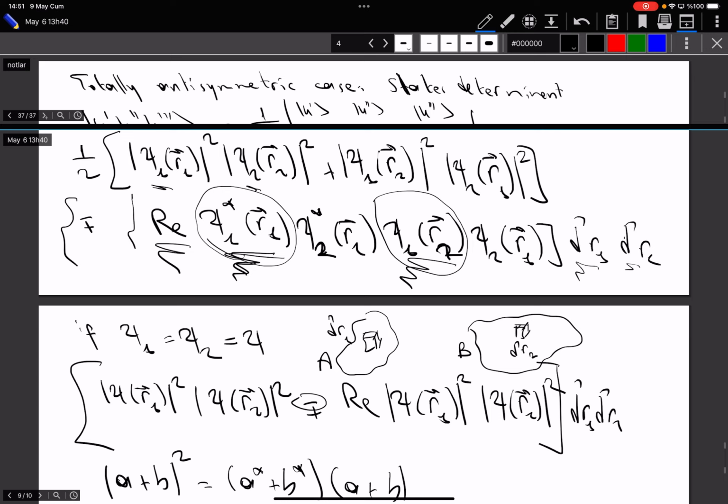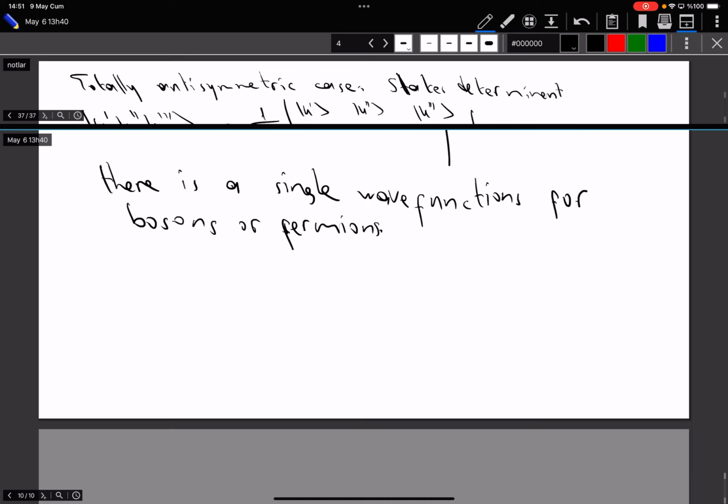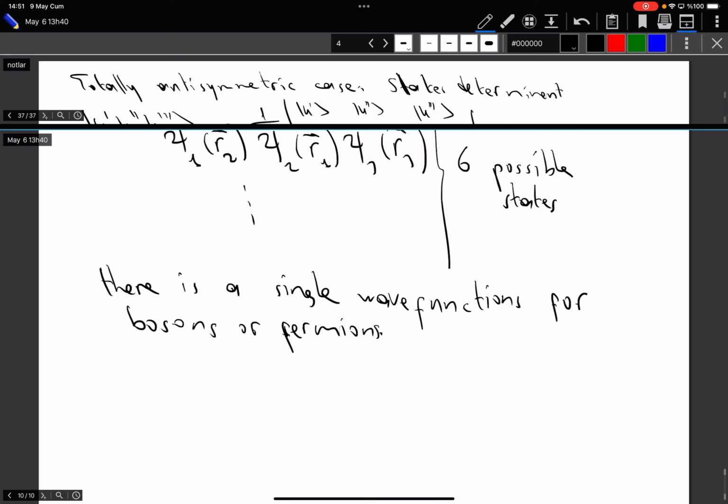So even if you ignore this anti-symmetrization for these particles, you won't get much of a difference. And well, that was where we had left, and that is where we will be continuing. So any questions up to here?